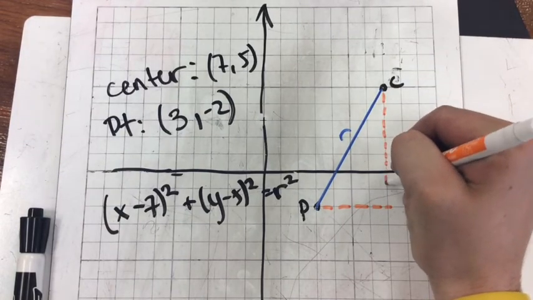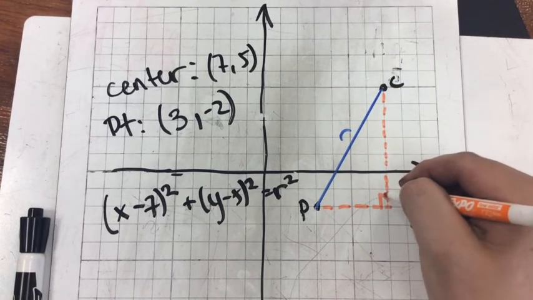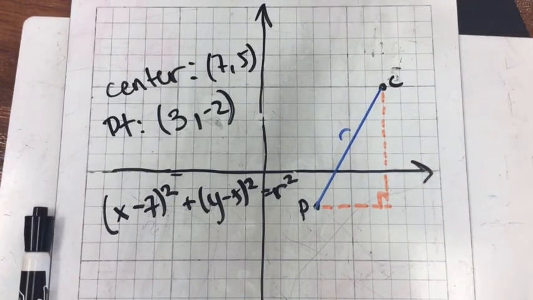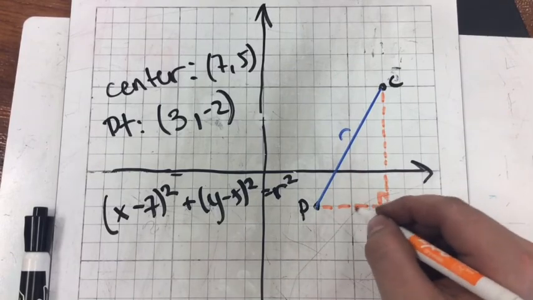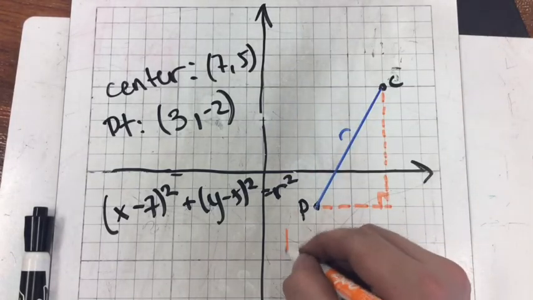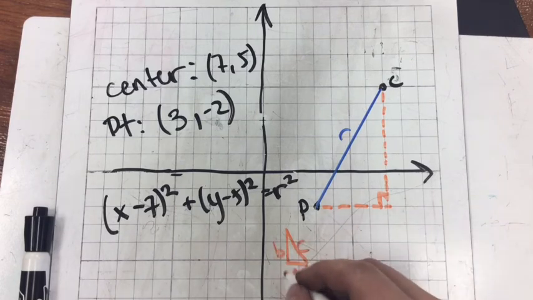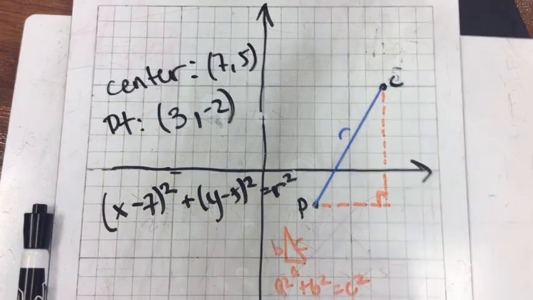Now that I'm drawing this picture, you might remember what it is. We're going to use our friend the Pythagorean theorem, which says if we have a right triangle with sides A, B, and C, it's true that A squared plus B squared equals C squared.